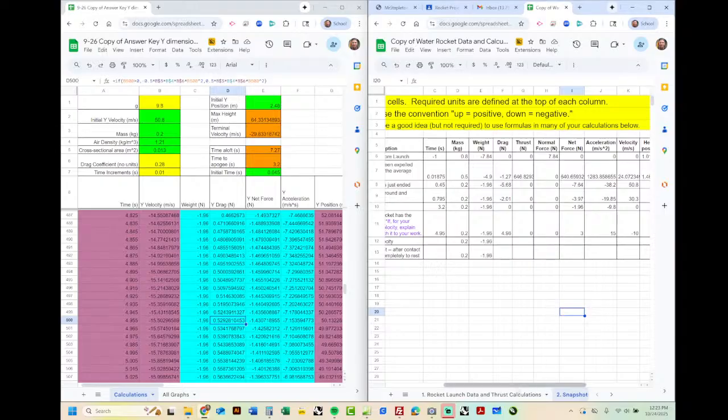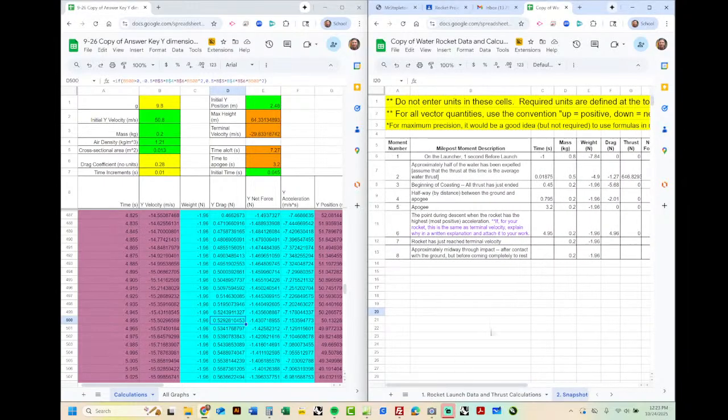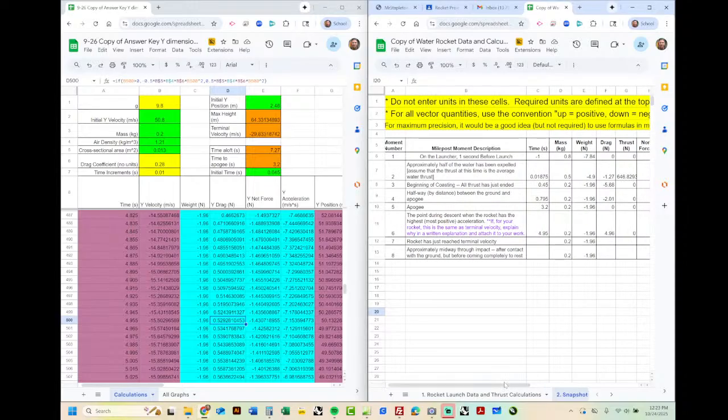The last little bit. The rocket's just reached terminal velocity. So this is not too bad. Just pick a little time right after this. If you're assuming that the parachute opened at 4.95, just pick a little time right after that. So I'm going to say it's 5.1. So that part's good.